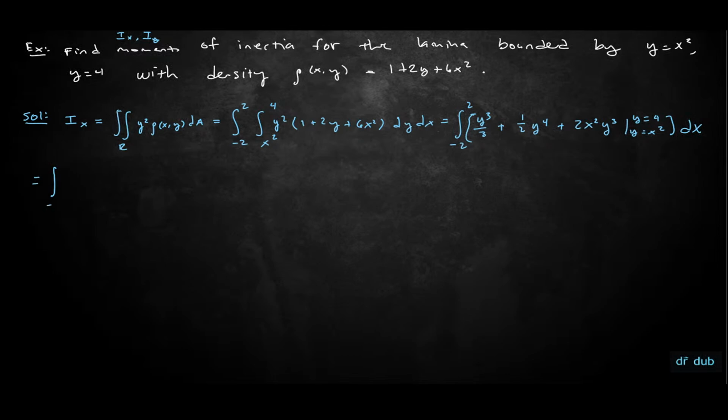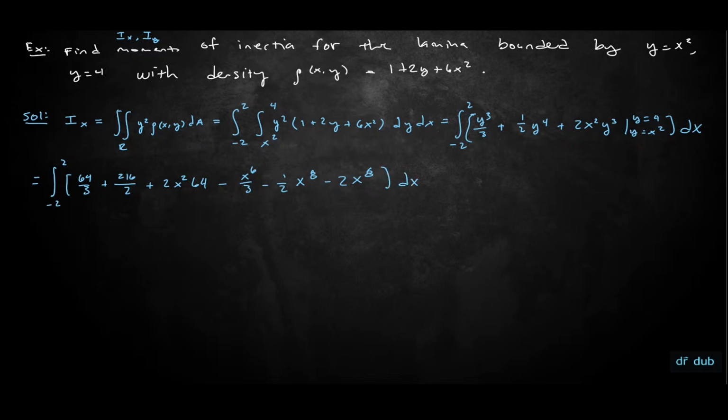It's going to be the integral from -2 to 2 of 64 over 3 plus 256 over 2, plus 2 times x squared times 64, minus x to the 6 over 3, minus 1/2 x to the 8, minus 2 times x to the 8. Don't forget the minus sign this time.